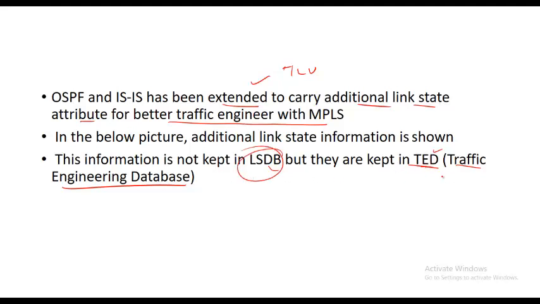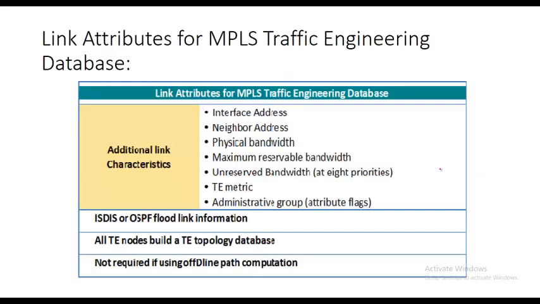Whatever is left is the unreserved bandwidth. And TE metric is nothing but the constraint. Administrative group is how much preference. If you have multiple tunnels, which tunnel needs to be prioritized first? When you have multiple traffic engineering tunnels, there also you have prioritization.